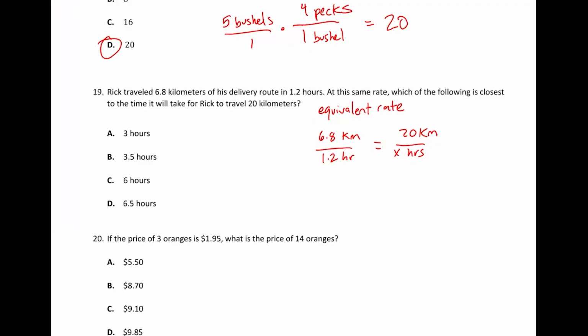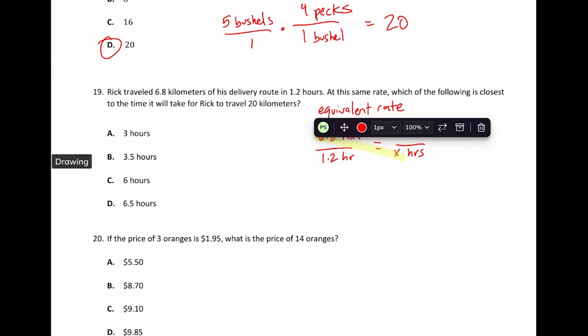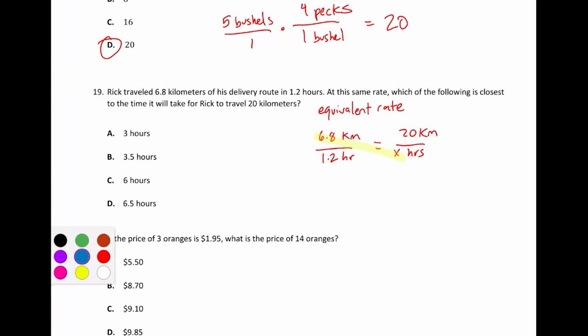So here, we're going to use the cross products property and multiply 6.8 times x. So 6.8 times x equals 20 times 1.2. And again, I'm just using the cross products property here, something we learned in class.